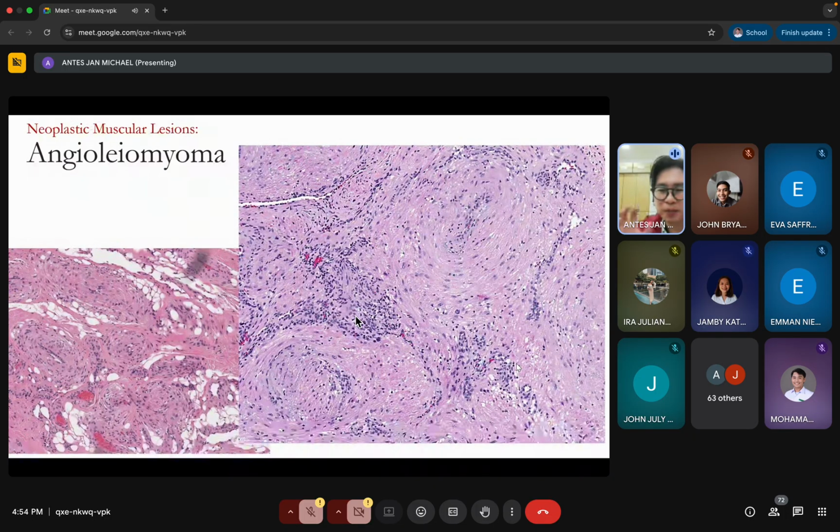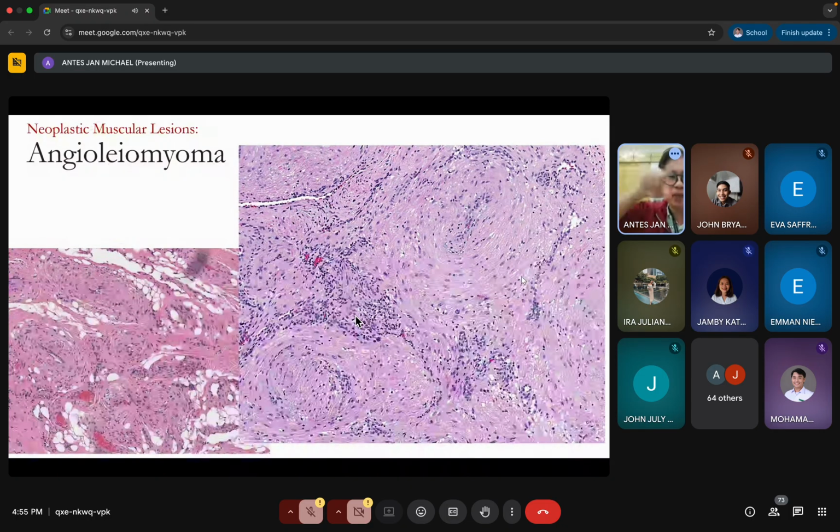Just imagine that the tunica media is very engorged and very thick, and all of those tumor cells are wrapped together, forming a very big blood vessel. I will point it out to you. This one here is a very big blood vessel where the tunica media is thick, and the tumor cells are arranged in a whirling pattern.